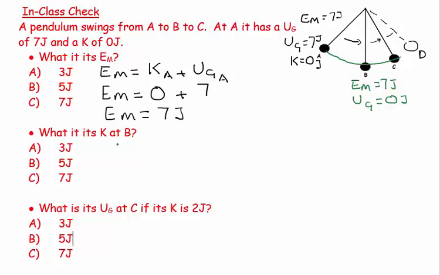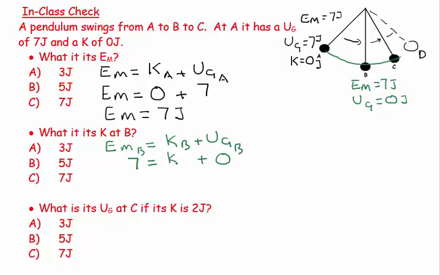And so we say, what is K at B? Well, our relationship is that our mechanical energy at B is equal to our kinetic energy at B plus our gravitational potential energy at B. And we know this mechanical energy is 7 because we worked it out for point A. And we know that this gravitational potential energy at B is 0 because it's the lowest point on the swing.